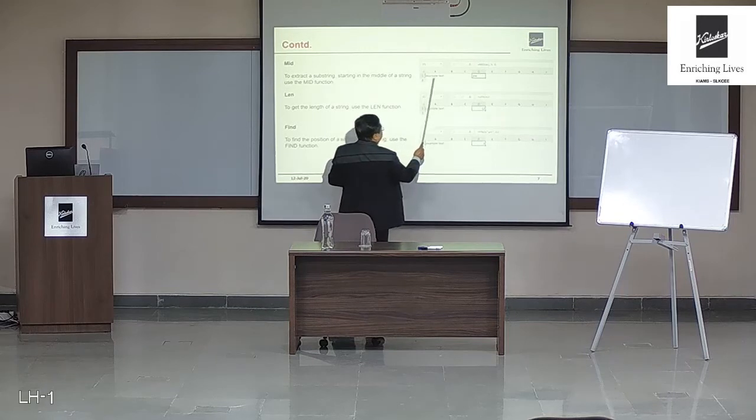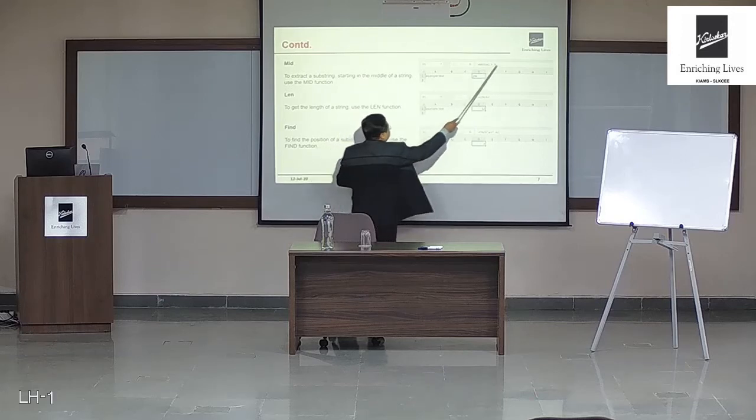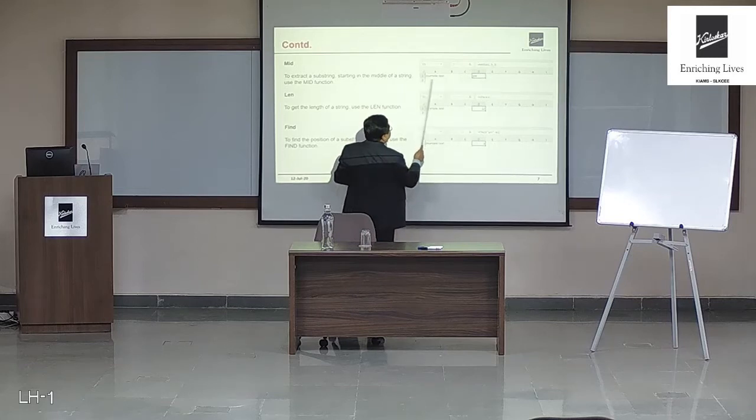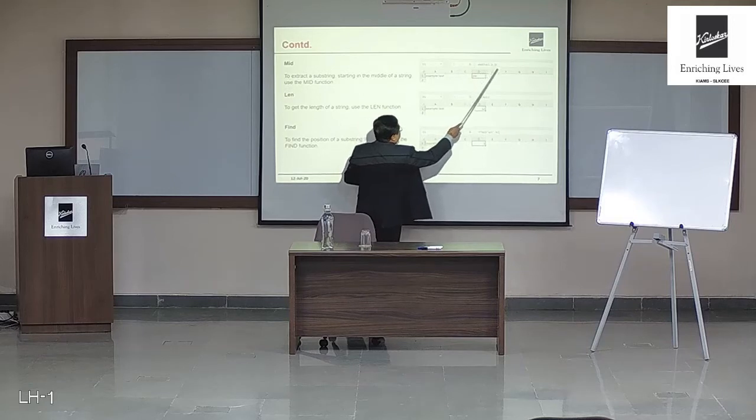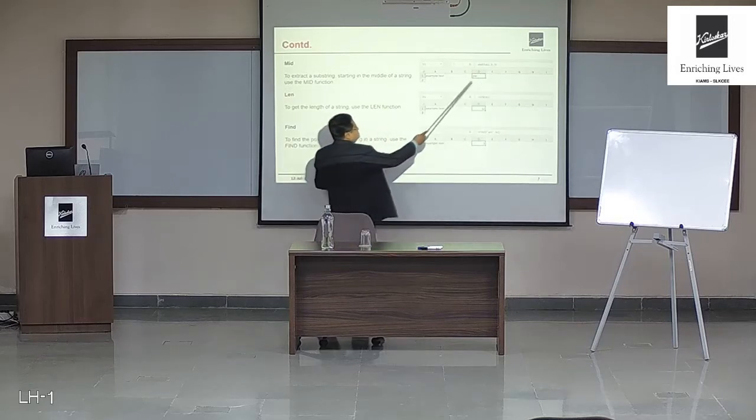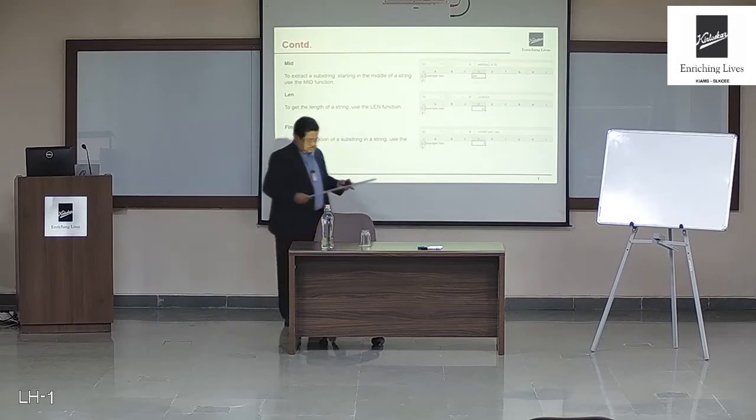P is in the 5th position. And how many characters do you want to extract? 3. So from P, you see PLE. So on this string, you are finding the mid value from the 5th position, the next 3 characters. So this is PLE.